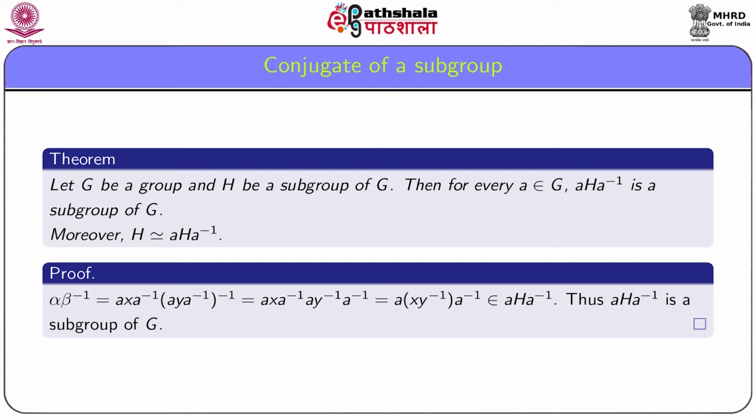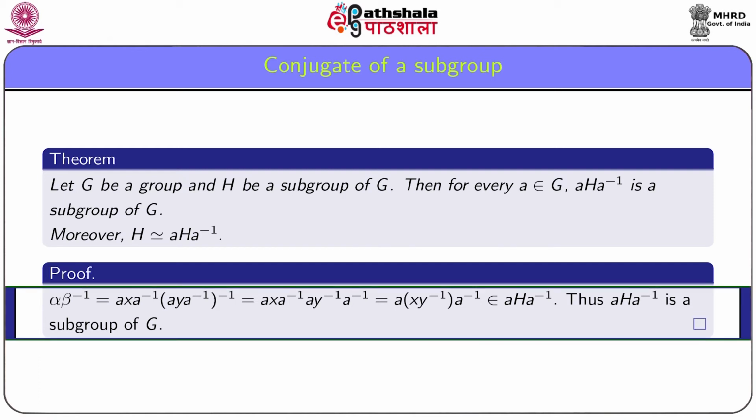Now consider two elements alpha and beta from aHa inverse. Then alpha will be of the form axa inverse and beta will be aya inverse for some x, y in H. And then alpha beta inverse is equal to axa inverse times (aya inverse) whole inverse.